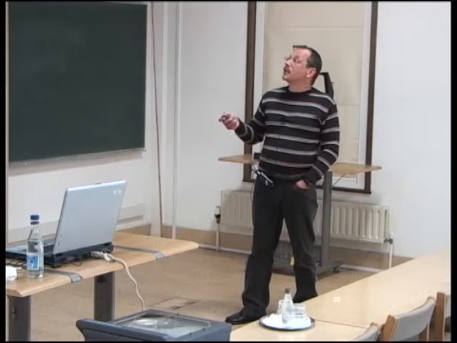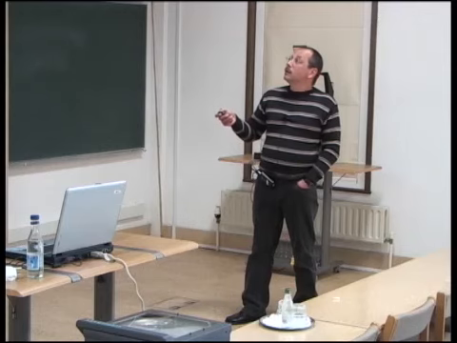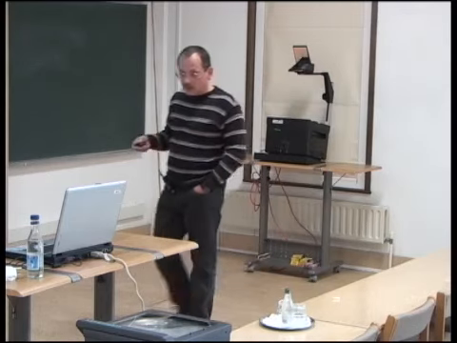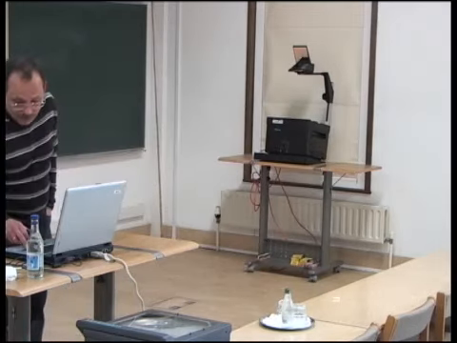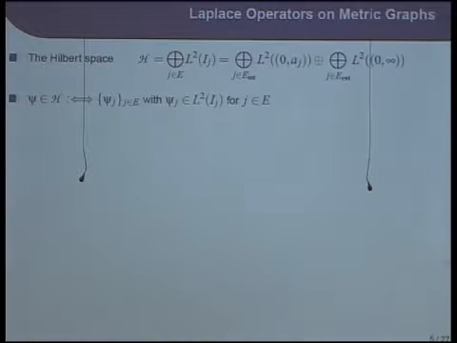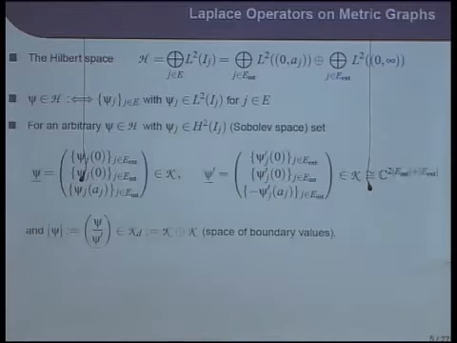It can be decomposed into the external part and the internal part. What are the elements of H? It's a kind of vector function, numbered by the edges, and any component is a square integrable function on the corresponding edge.